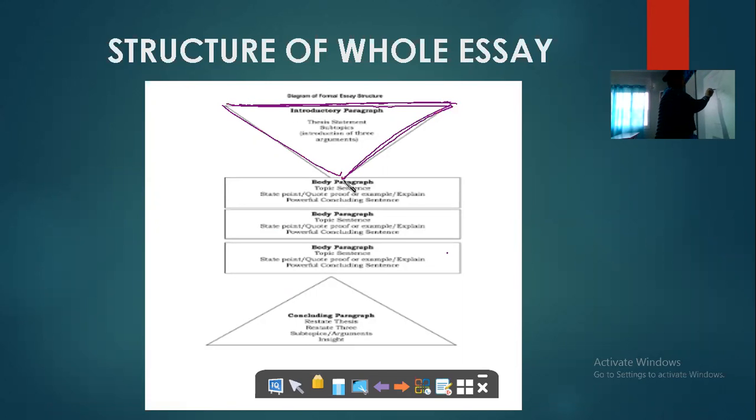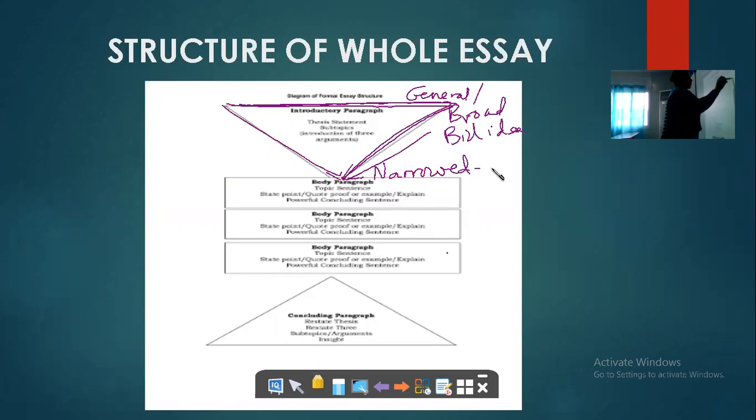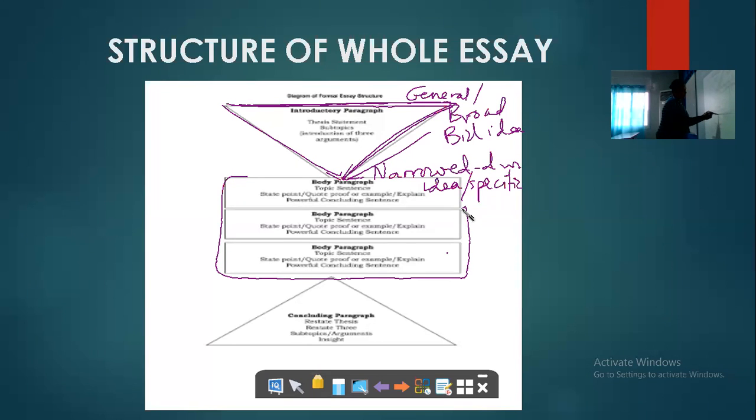Then we bring it down to the narrow focus, so that there is a narrowed down idea or a specific aspect of the topic we are going to discuss. Then there is the body. Then we start with the specific here. Then we end it again with a general.